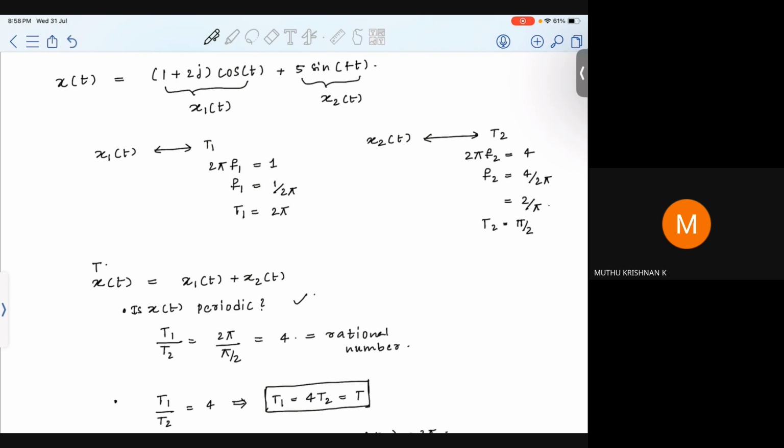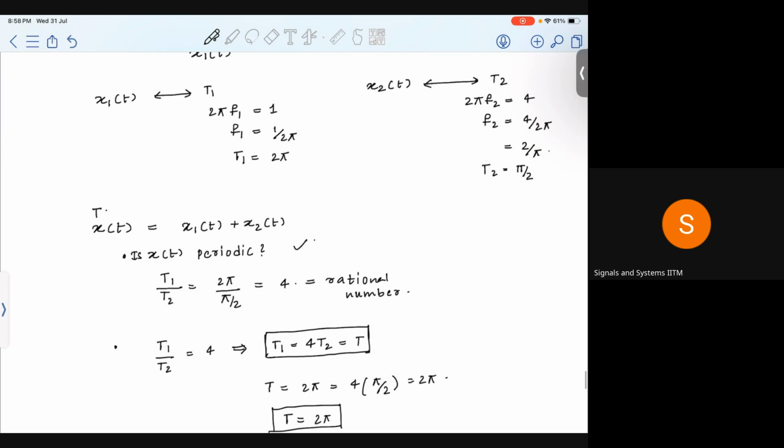Instead of always being confused with GCDs, all you have to do is, given any two functions with some operator in the middle, calculate the two time periods separately and see if the ratio of the time periods is a rational number.